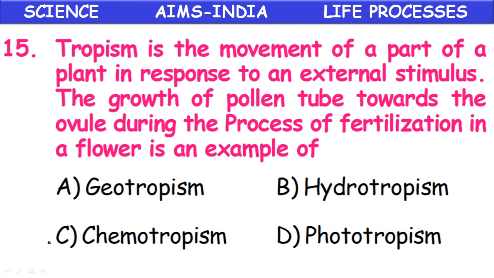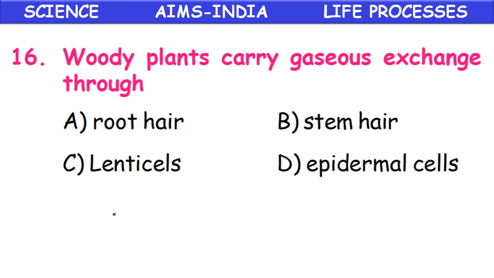It is some chemical which stimulates the movement of pollen tube, so it is called chemotropic movement, chemotropism. Okay. Geotropism means gravity, hydrotropism means water, phototropism means towards the light, and chemotropism means towards the chemicals.